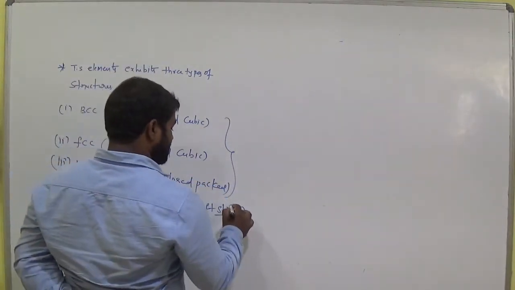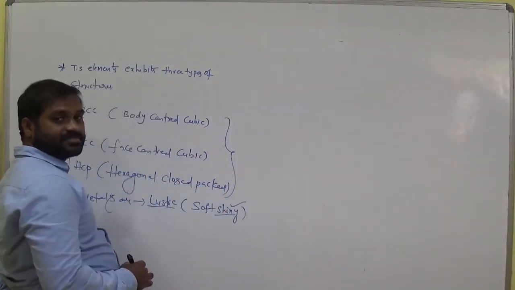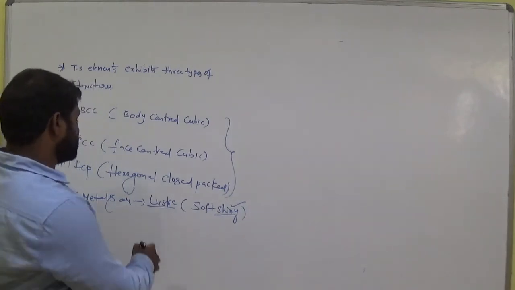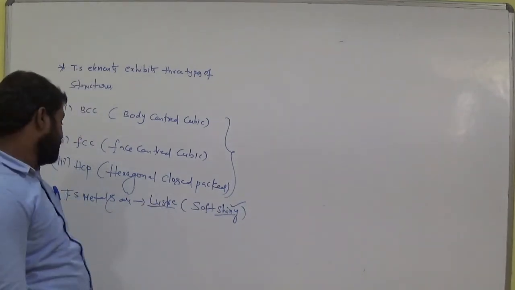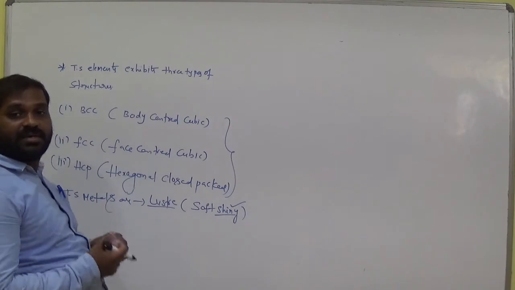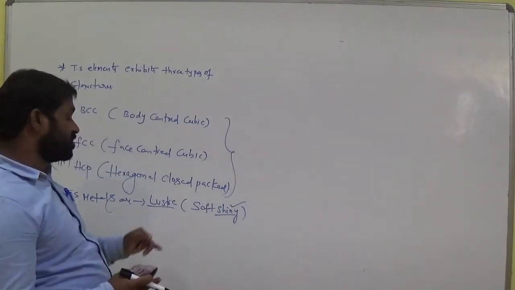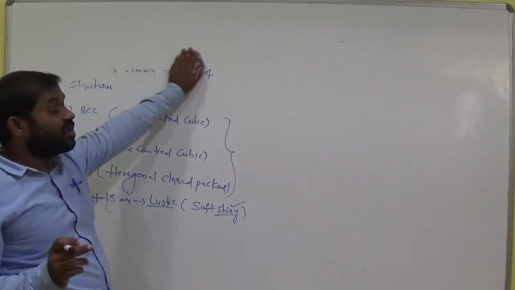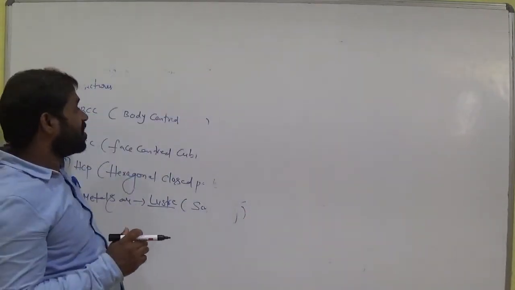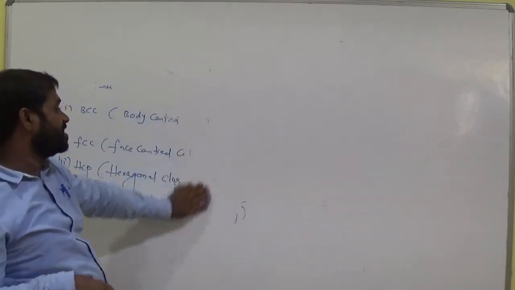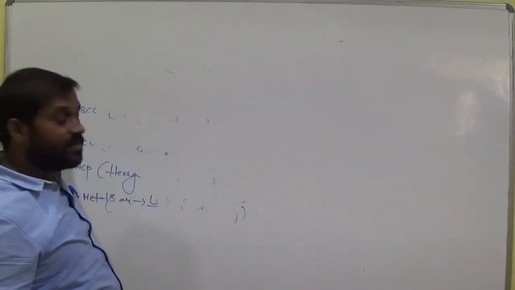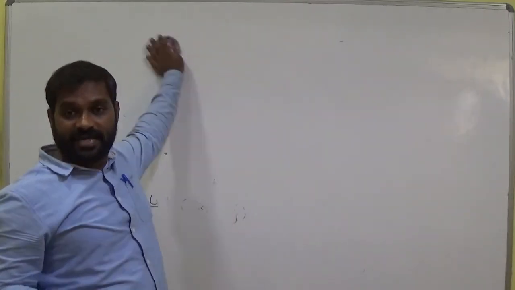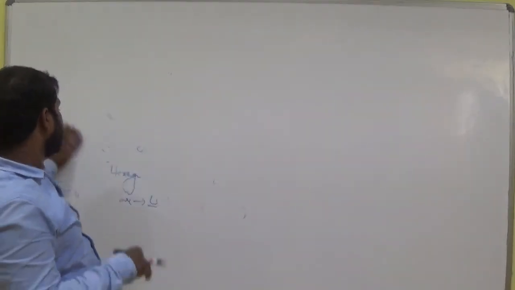Okay, so shiny nature is there, and that phenomenon is called luster or lustrous. Metals can show shiny nature, that phenomenon is called lustrous. Metal can be drawn as wires, that phenomenon is called ductile. Metal can be drawn as thin sheets, iron sheets. So thin sheets, that phenomenon is called malleability of metals. Okay, so these are metallic character.